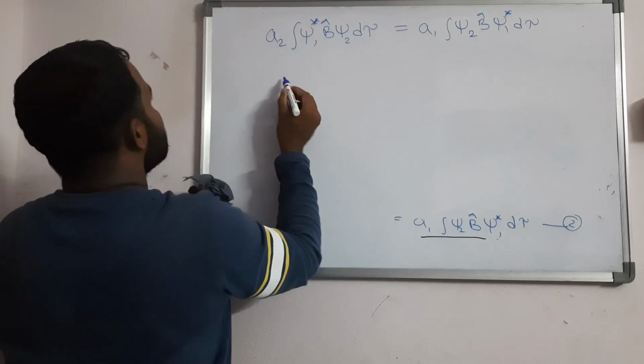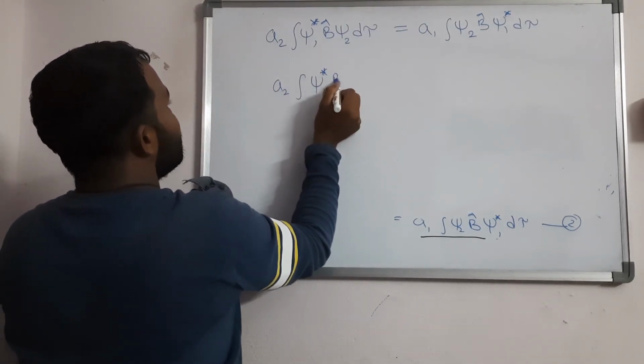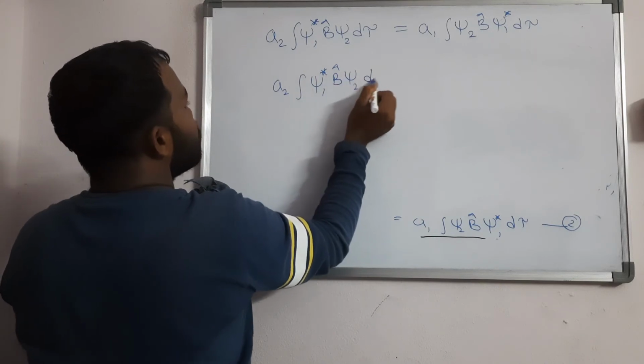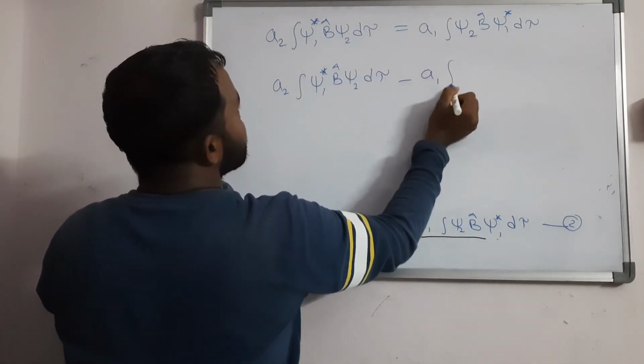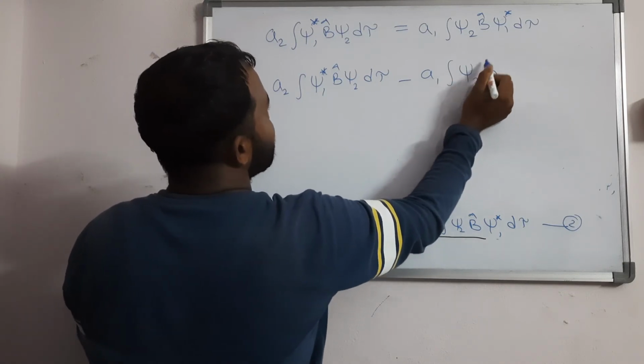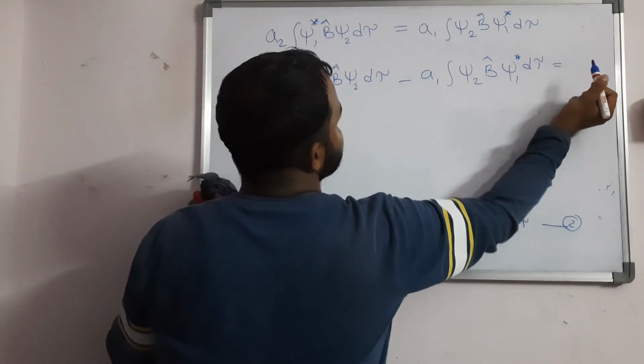If this value comes to this side, we get A2 times the integral of psi 1 star B cap psi 2 d tau minus A1 times the integral of psi 2 B cap psi 1 star d tau is equal to 0.